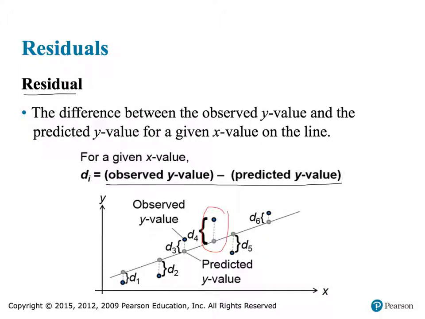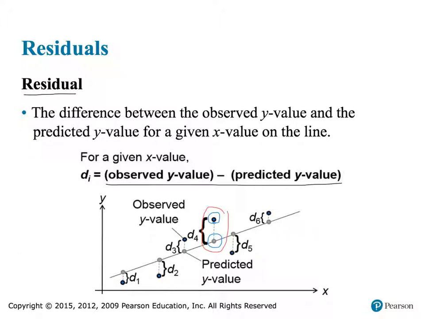But for that particular piece of data, the line would predict that the y value is actually less. So these 2 points have the same x coordinate, but the actual observed point is higher than the predicted point. So the line is actually under-predicting the value of y for that particular point.